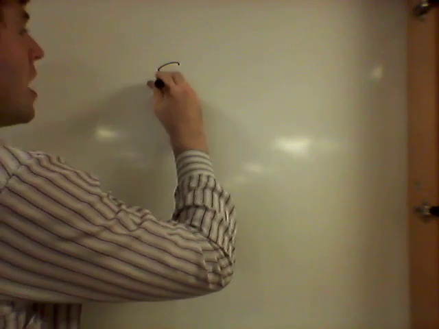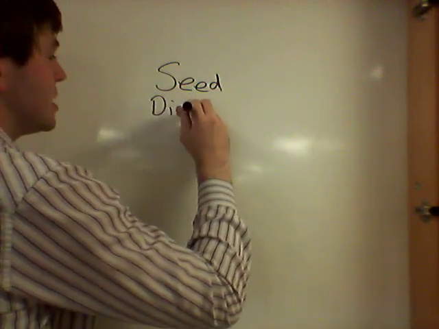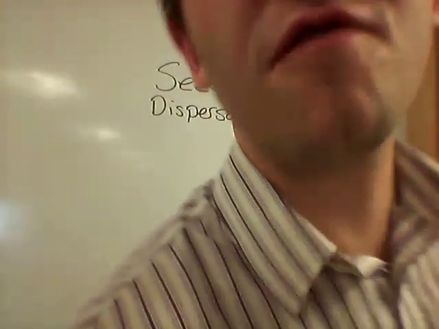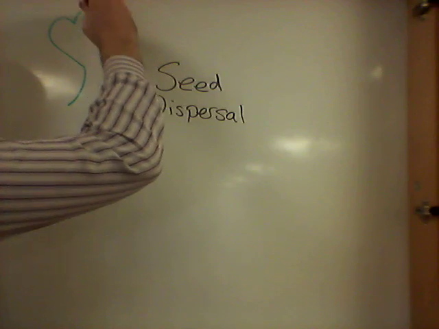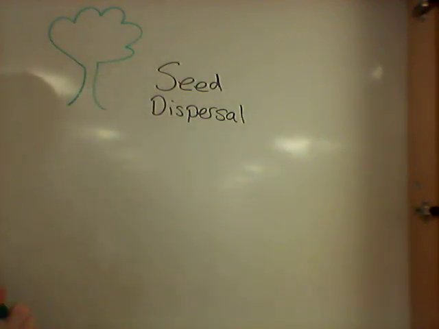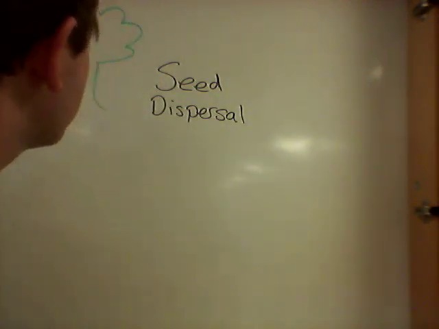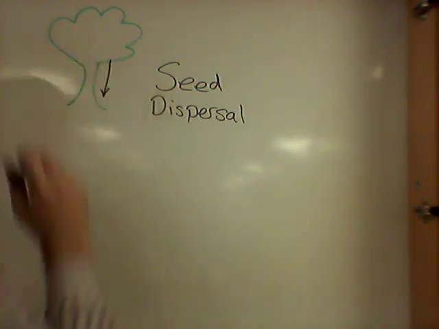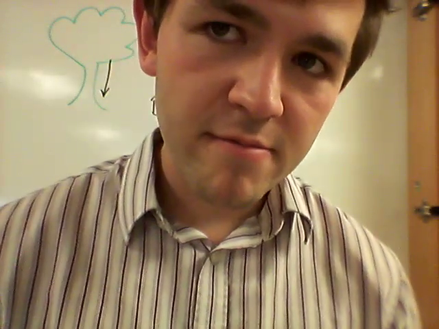Today I want to talk about something called seed dispersal. Because in the forest, if I have a tree, and that tree has a seed, and it decides that the seed comes out here and goes down there, that's not good.